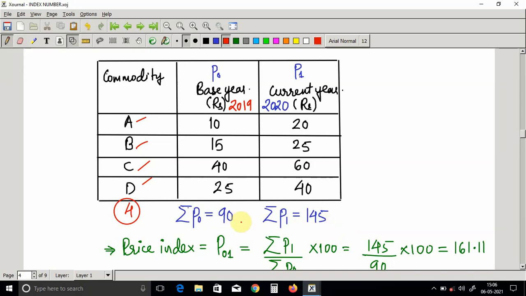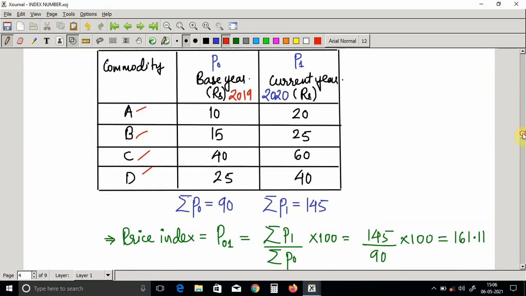Let's not say average, that will be a little confusing over here, but keep in mind that this is an average. In 2019 I had to pay a total of rupees 90 to purchase these 4 quantities, and in 2020 I need to pay rupees 145 for those 4 quantities.